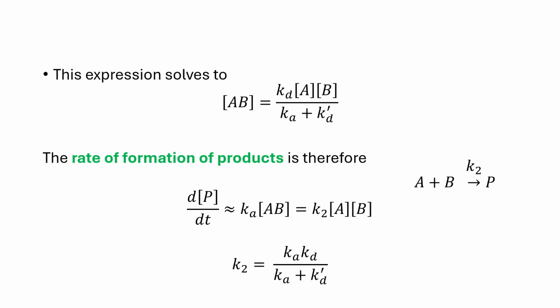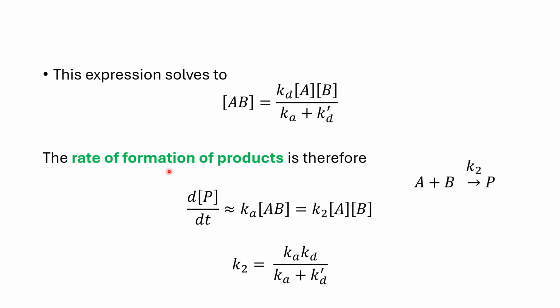The concentration of the encounter pair is equal to the rate constant for the diffusion multiplied by the concentrations of reactant A and reactant B, divided by the rate for the encounter pair to form the product plus the rate of the encounter pair dissociating back to their reactants.